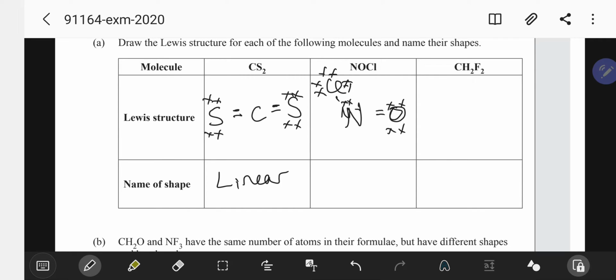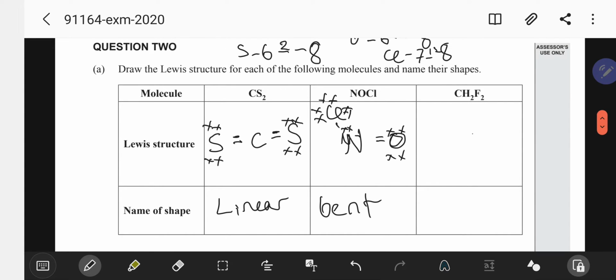This double bond here only counts as 1 area of negative charge. Even triple bonds count as only 1 area of negative charge. So there's 3, but there's 1 non-bonding region, so it's going to be a bent shape.